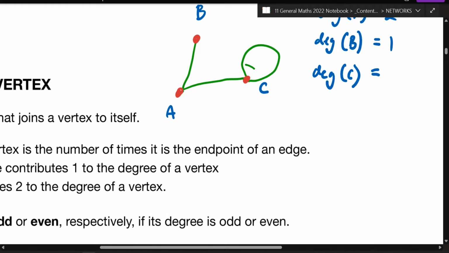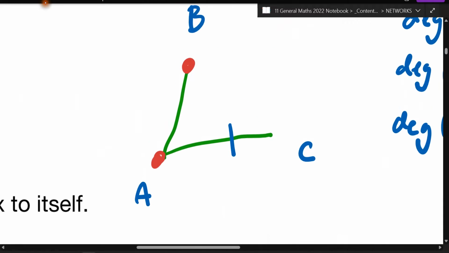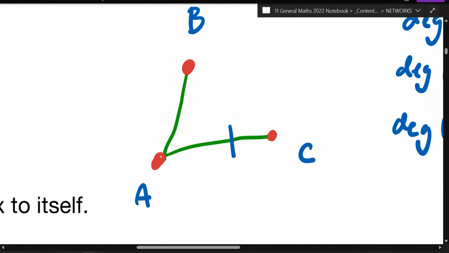The C vertex has a degree of 3 because there's 1 edge there, but the loop counts for 2 because it connects this way, but it also connects the other way. It's too small, I'll just redraw it.